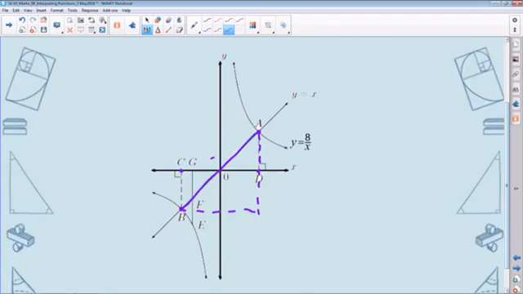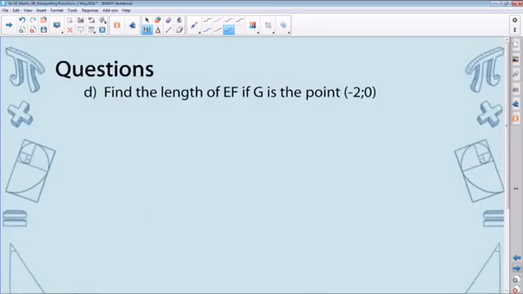So we have a value of 8 for that length. The last question says, find the length of EF if G is the point -2 and 0.